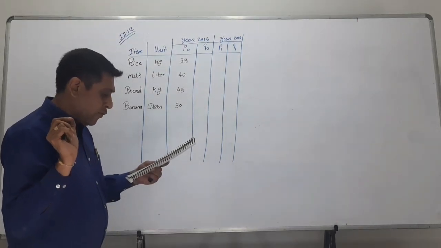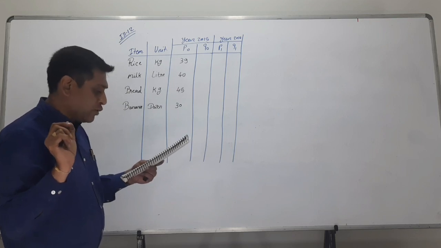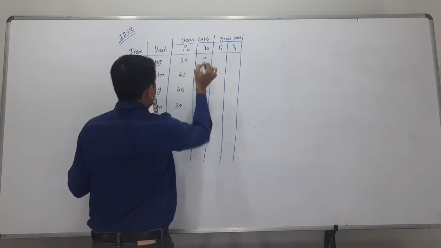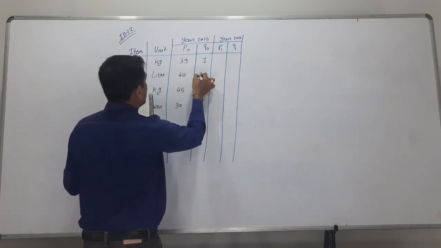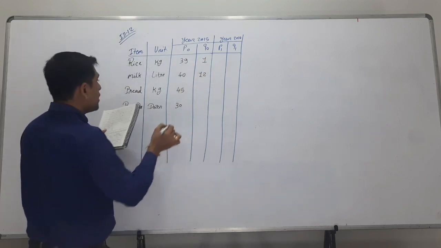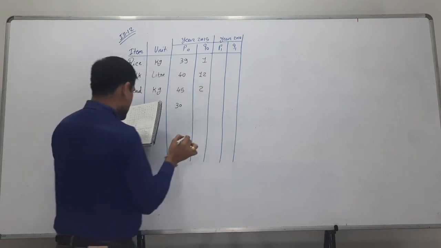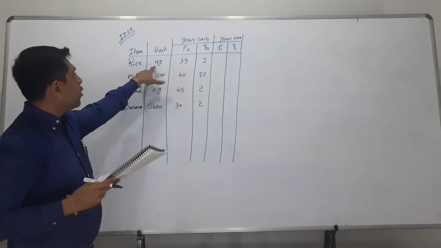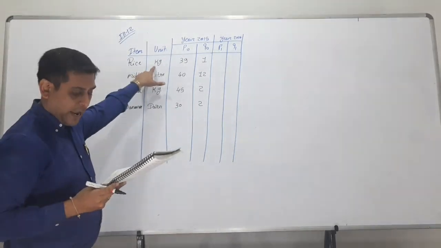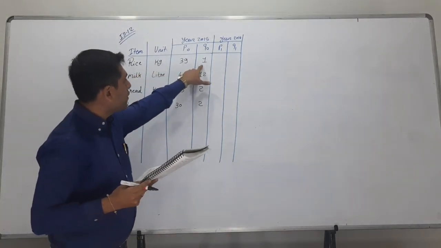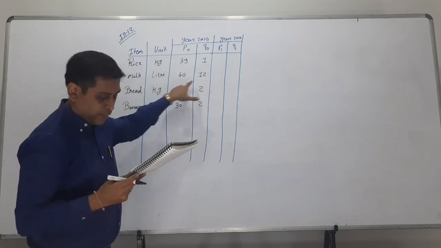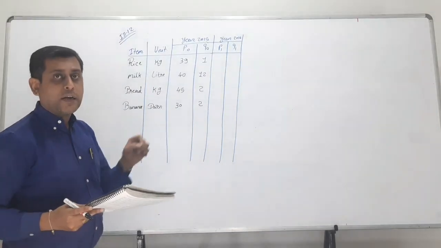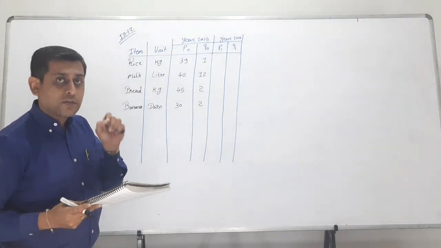Now the quantity of the base year, that is 2015 quantity, is 1 kilogram, that is 1, then 12 liter, that is 12, then 2 kg, and then 2 dozen. See here, kilogram is the unit as well as kilogram in the unit of the base year, liter then liter, kg then kg, and dozen then dozen. So it is an easy sum.